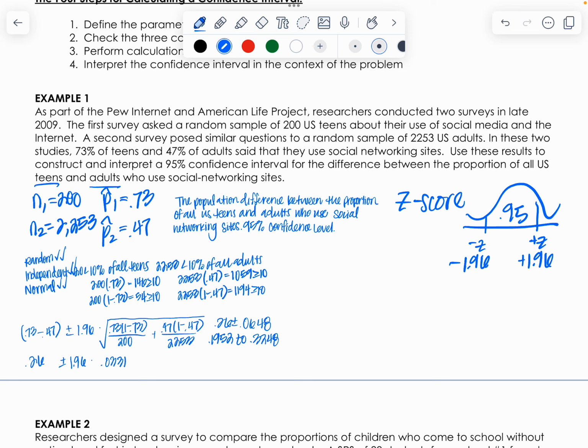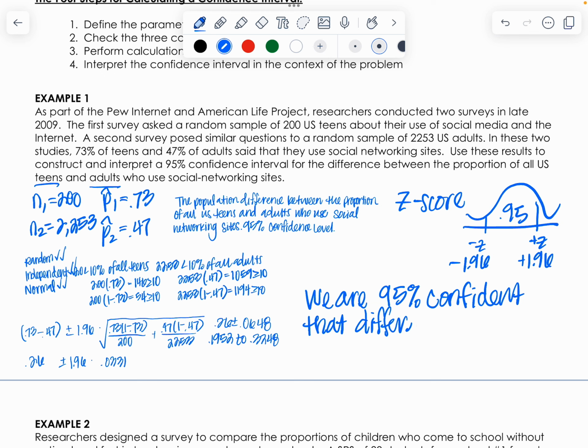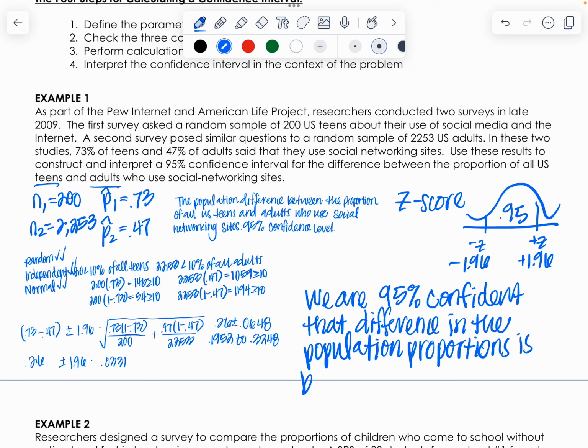So now we interpret. And when we interpret, we will say we are 95% confident that the difference in the population proportions is between 19.52% and 32.48%.